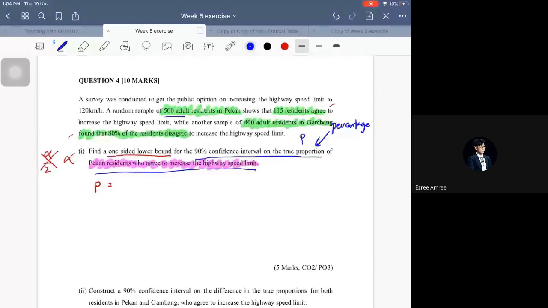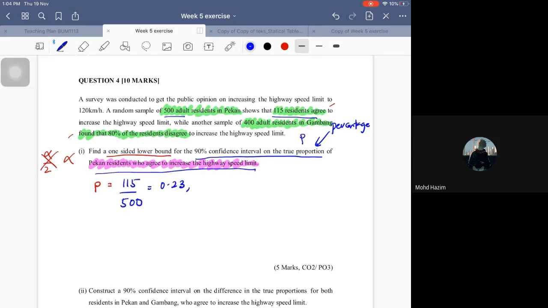Therefore, the proportion of people who agreed in Pekan is going to be 115 over 500. So what is 115 over 500? 0.23. Okay, so that is going to be a value of 0.23.